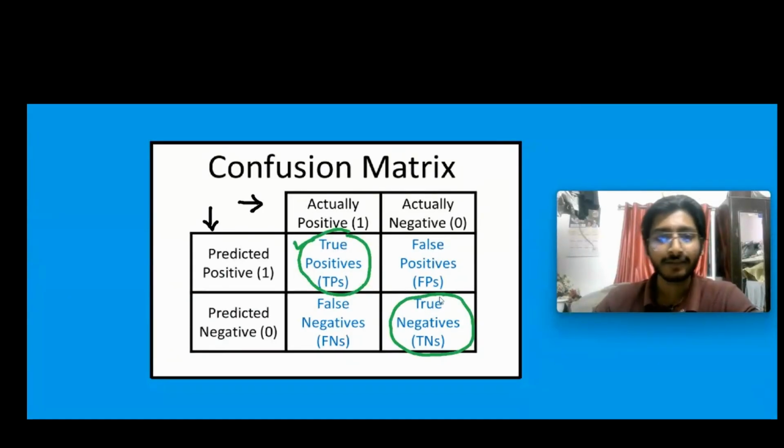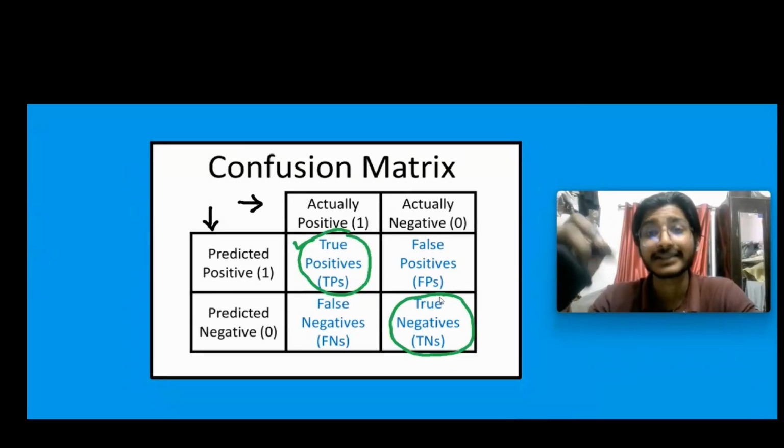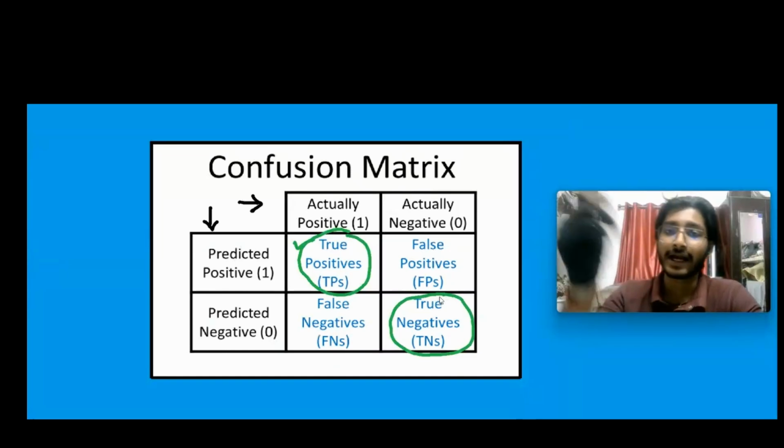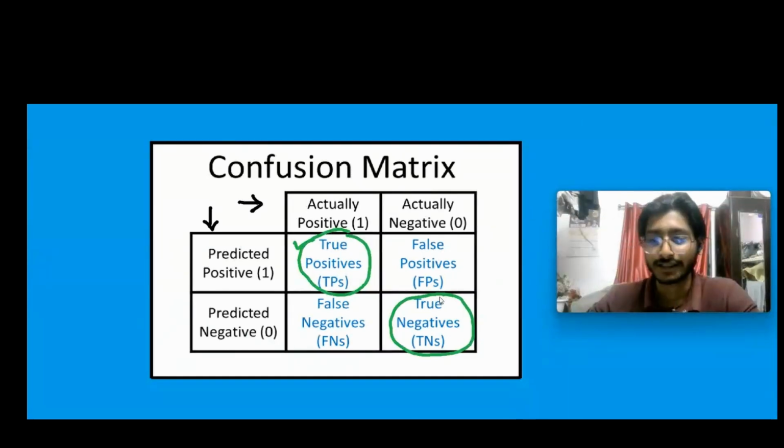What is a true negative? When the email is actually not spam and the model predicts not spam, this is called a true negative. Again, it is a correct prediction.